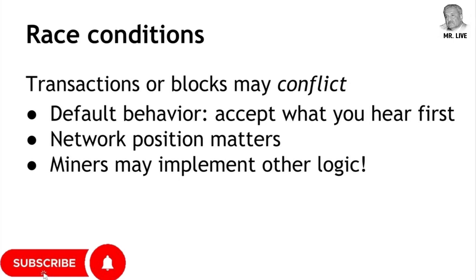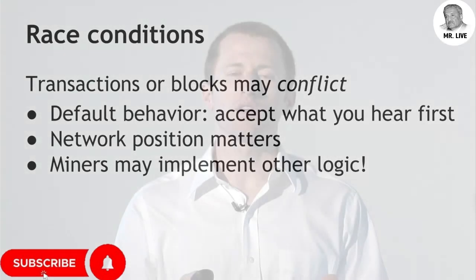So if the transaction where Alice tried to pay Bob successfully makes it into a block first, the nodes who heard the transaction where Alice tried to pay Charlie will just say, that's not a valid transaction anymore, so I can forget it.